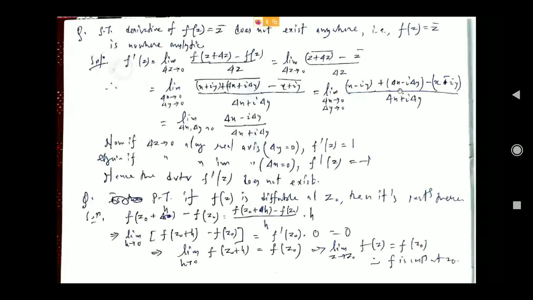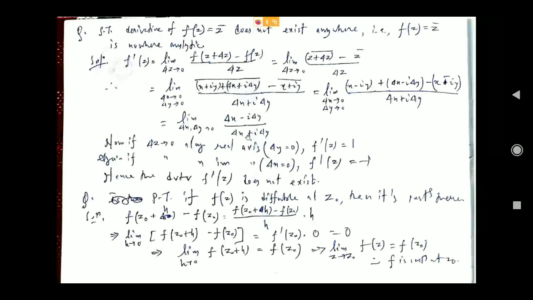So after simplification, we have this. Further we can simplify and some terms get cancelled, like this iy. And the rest that remains is del x minus i del y divided by del x plus i del y. Finally, only this expression remains. Now you have to take the limit.